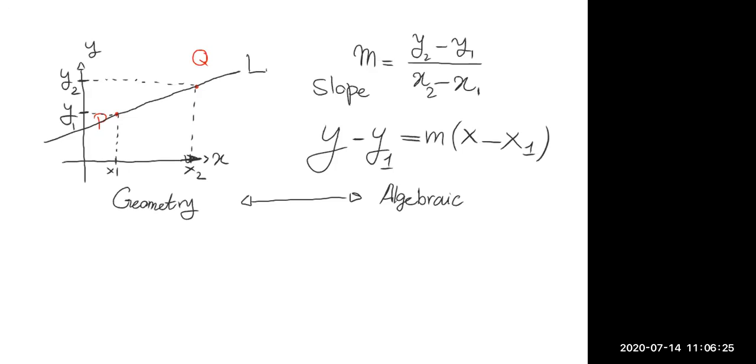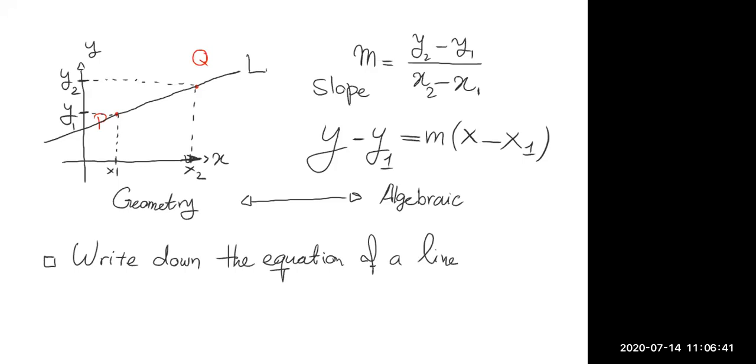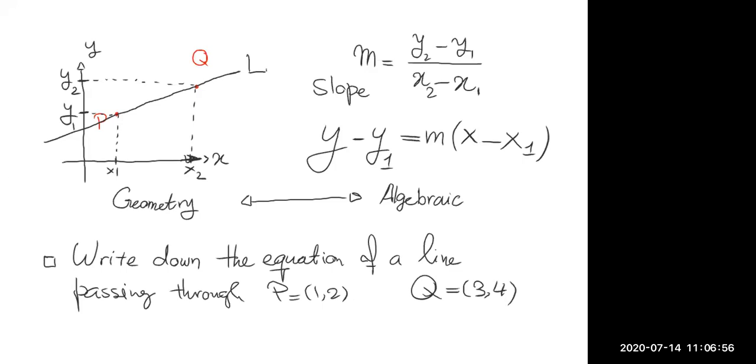So for example, if they ask us to write down the equation of a line which passes through 2 points, say P is (1, 2) and Q is (3, 4).